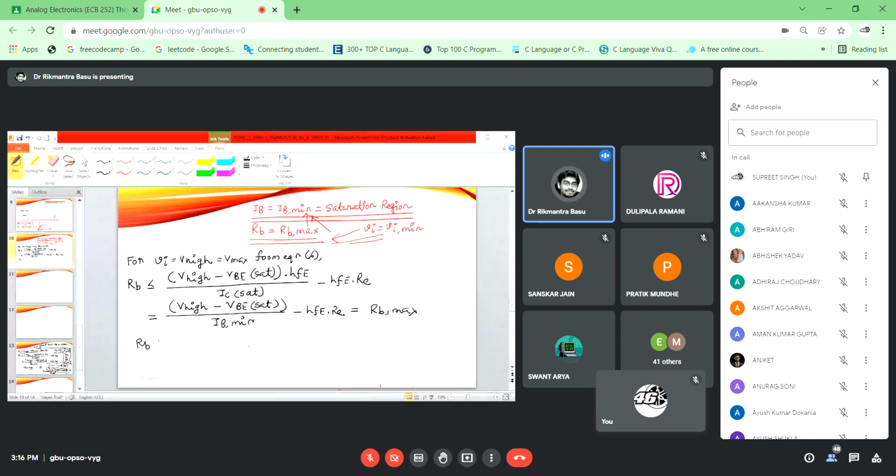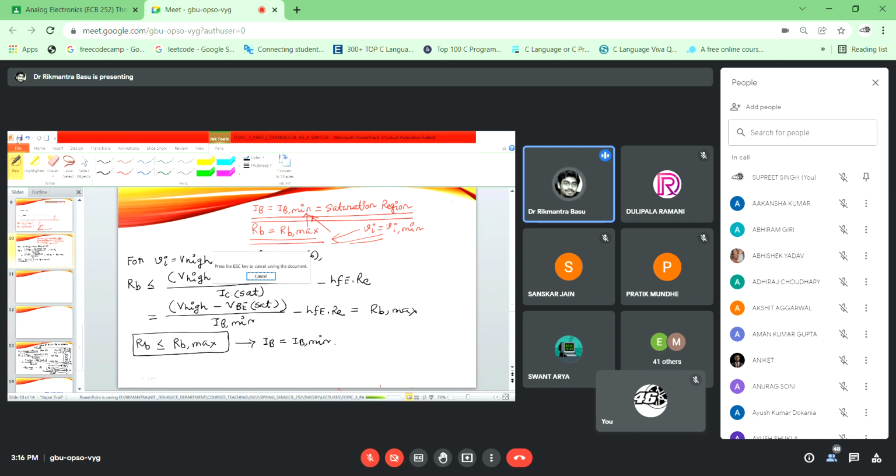So you have to choose your RB from this maximum value to ensure the IB equals the bare minimum, the IB minimum. Those two are very important design rules while we are designing the input voltage as well as the maximum RB.